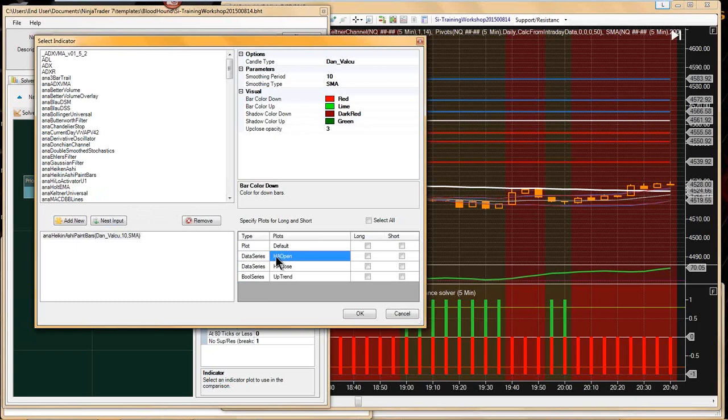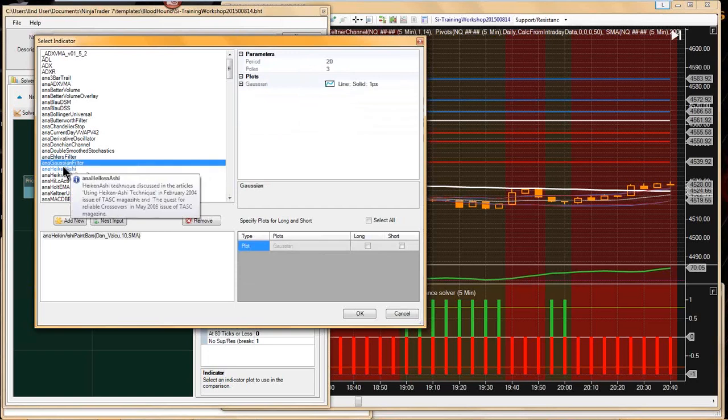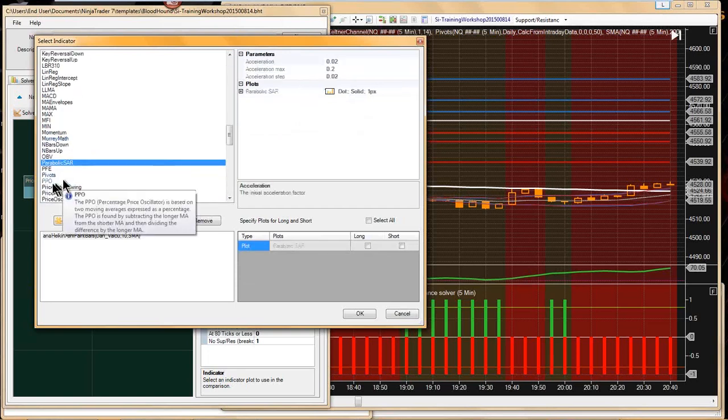So we can see that there's the Heiken-Ashi open price and the Heiken-Ashi close price in a data series. So any solver can use a data series to get its information from. In the case of the support resistance solver, it can use a data series, assuming these data series contain your support resistance values, right? So okay, let me put the pivots indicator back in here.